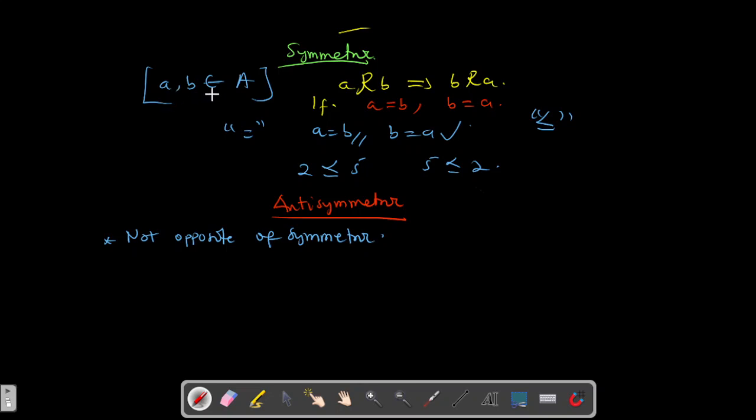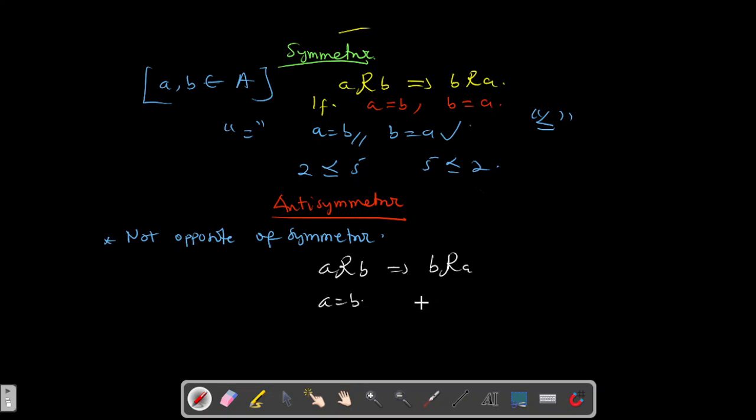Using the same A and B, which are members of A, I'll say that a set is said to be antisymmetric if I have A R B mapping to B R A, this should be equal if A is equal to B. But take note of this condition.